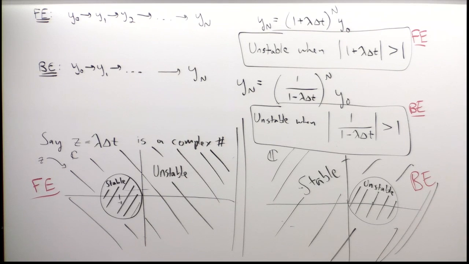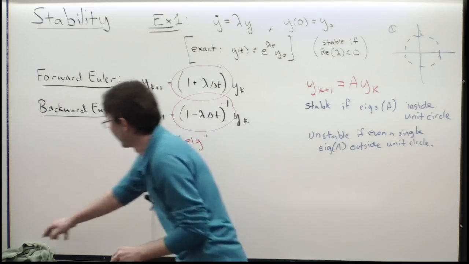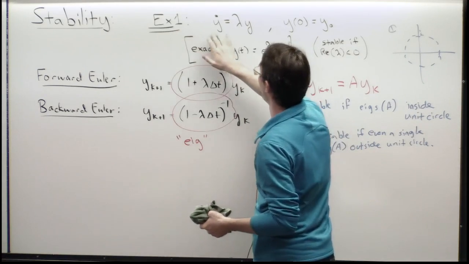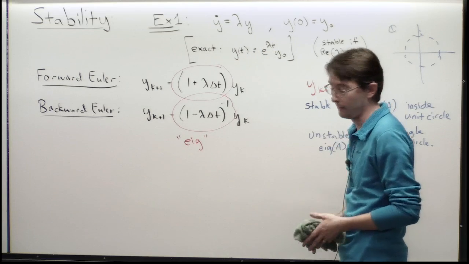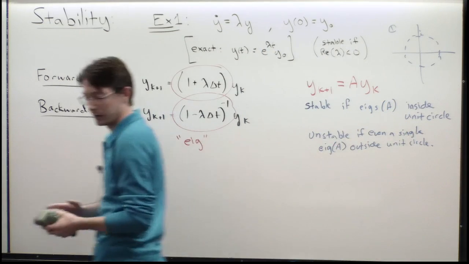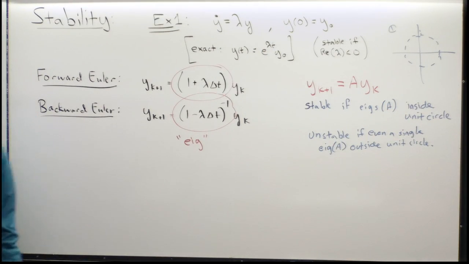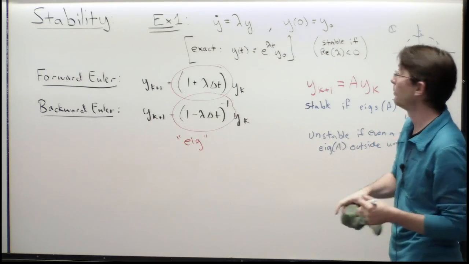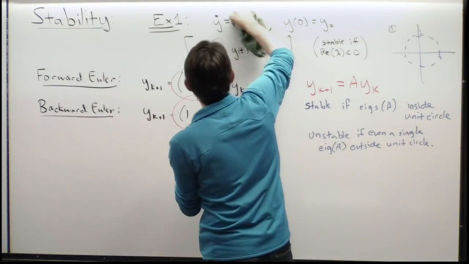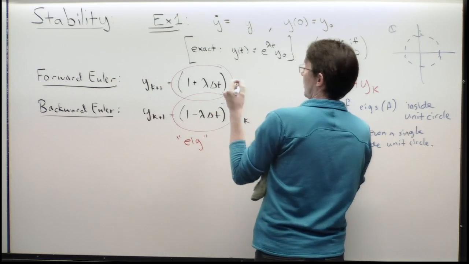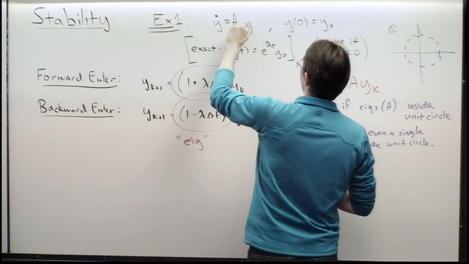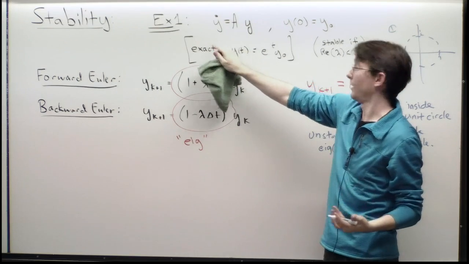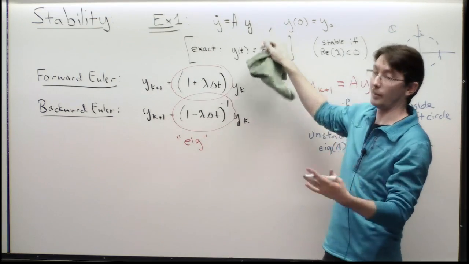All right, the last point here. We started with this really simple example where y dot equals lambda y. Now I would like to relax the condition that I'm only dealing with a single number y, and say that I have a matrix system of equations. So y is a vector again: y dot equals matrix A times vector y.